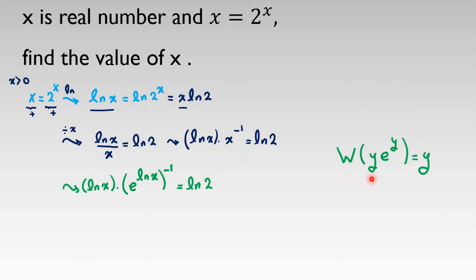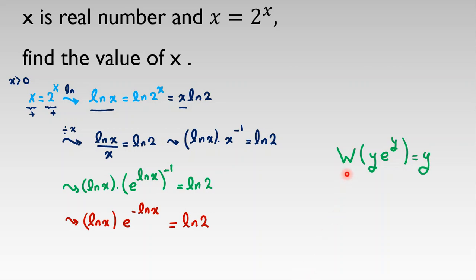By the power rule, we will see ln of x times e to the power of negative ln of x equals ln of 2.